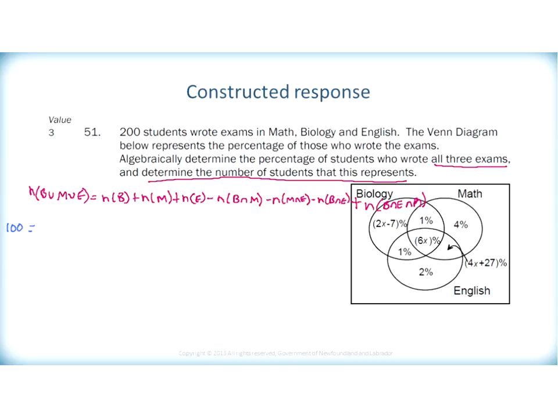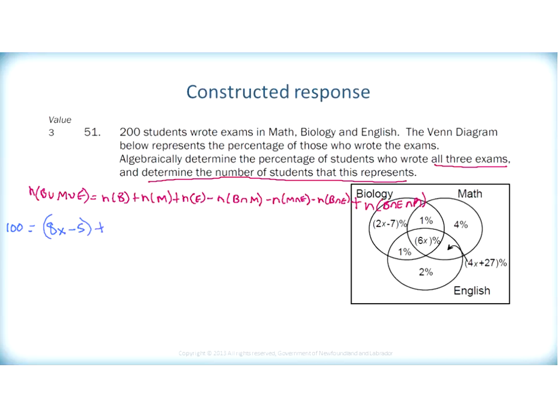The percentage of students in biology is all inside of B, which would be 2x plus 6x, which is 8x, and 1 plus 1 subtract 7. So we have 8x subtract 5 in B.